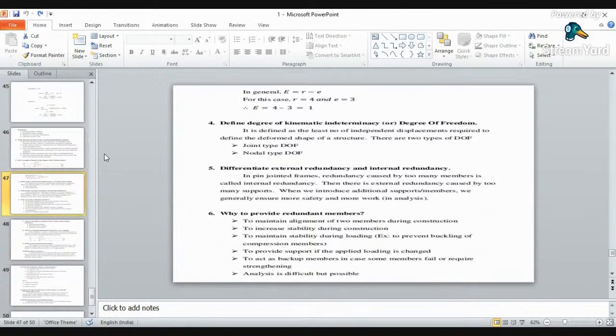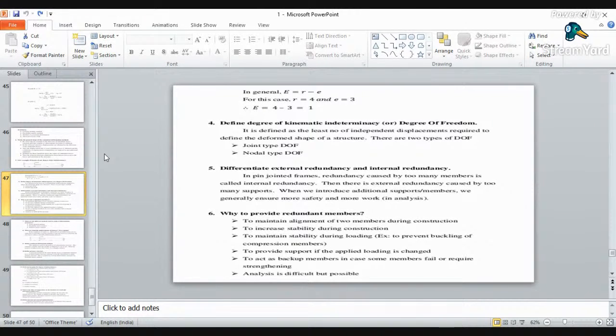There is one more term, that is kinematic indeterminacy. One is static indeterminacy and one is kinematic indeterminacy. Kinematic indeterminacy is nothing but the degree of freedom, that is, how many ways your joint can rotate or move. Take the example of a door. A door is the best example of a hinge support.